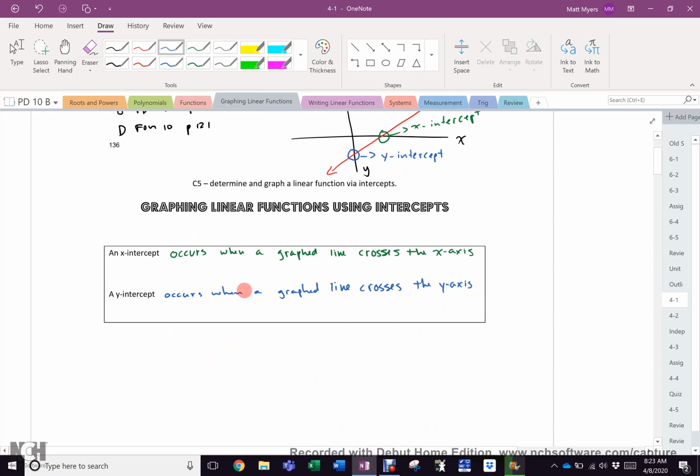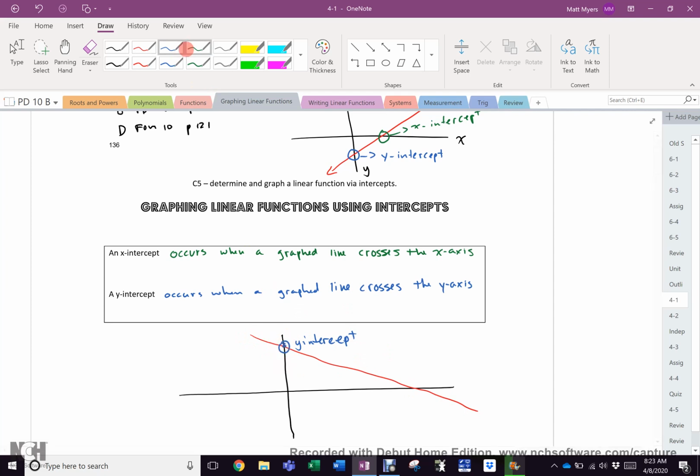So let's put it in a little bit bigger place here. Now, I'm going to draw that line again and draw it differently. Pretend that's perfectly straight. So right there is a y-intercept. Now, that point right there, do you know this value?